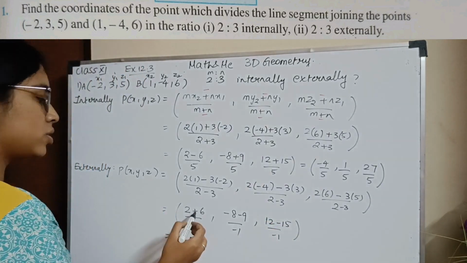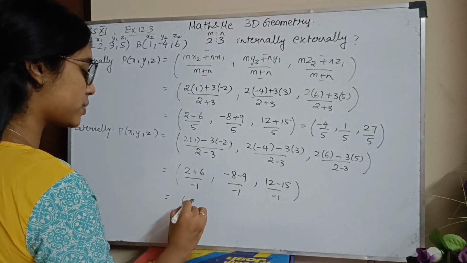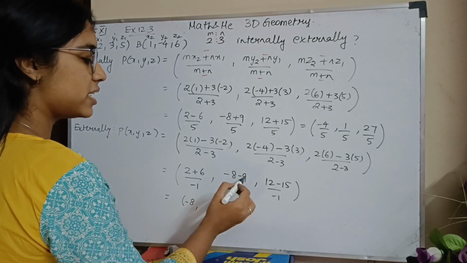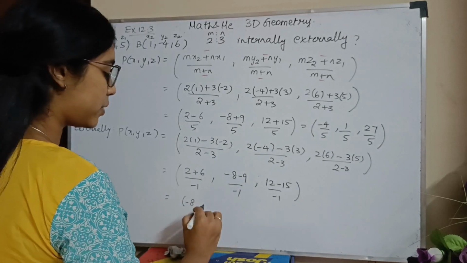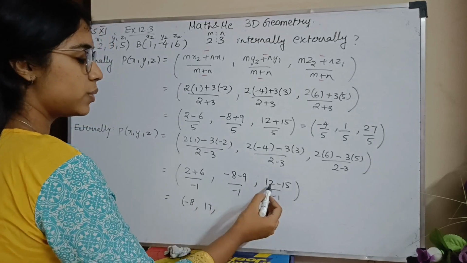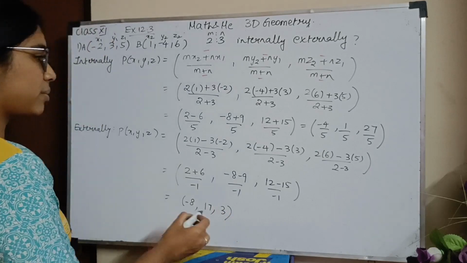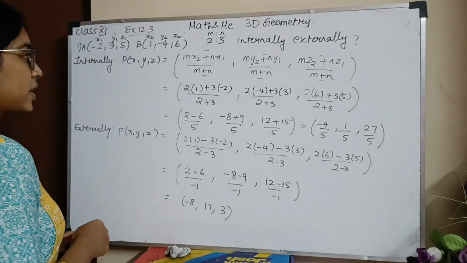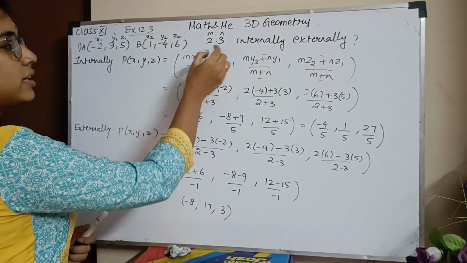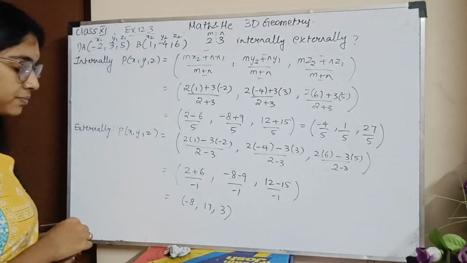So what will the coordinates be? 6 plus 2 is 8, 8 divided by minus 1 is minus 8, minus 8 minus 9 is minus 17 by 1 is plus 17, 12 minus 15 is minus 3 by minus 1 is plus 3. Okay, so this will be my coordinates when they are divided externally.